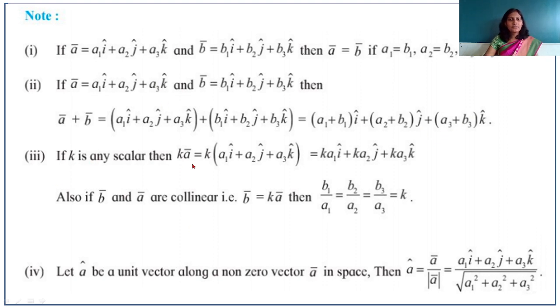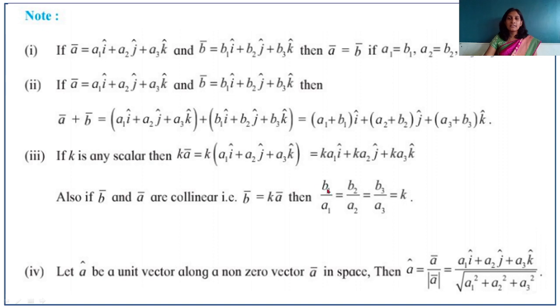Then if we multiply any vector by a scalar, we multiply each and every term by that scalar. If b bar and a bar are collinear, then b bar is equal to scalar into a bar, then b1 upon a1 is equal to b2 upon a2 is equal to b3 upon a3.